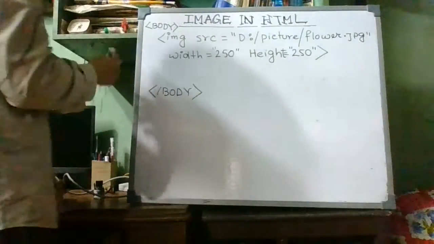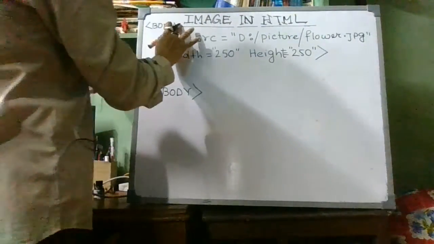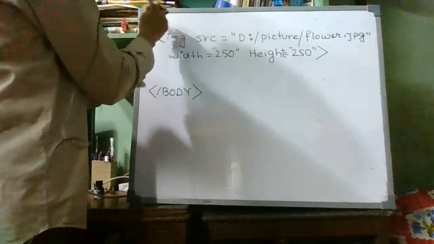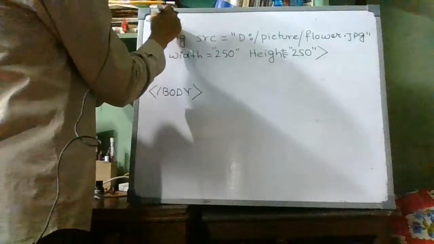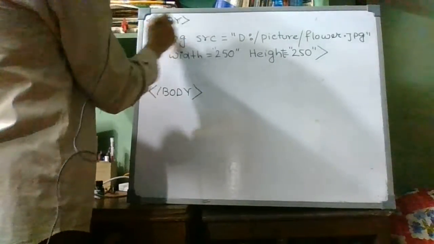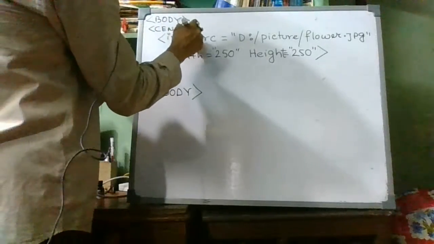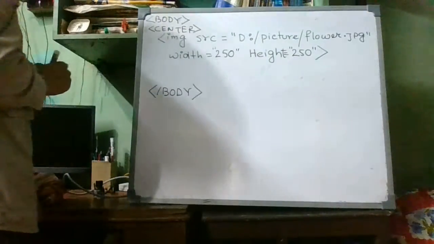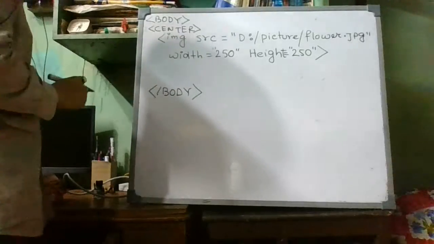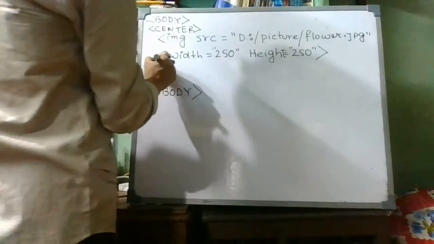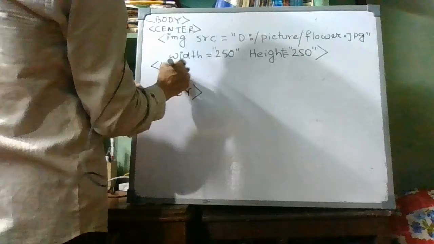Now you keep this entire image tag within the center tag. How? I'm showing you. Suppose you have written the body tag as usual, no problem. Then you have written center. Center is a tag, you know that. After that you have written the image tag, and after that you have closed the center tag.